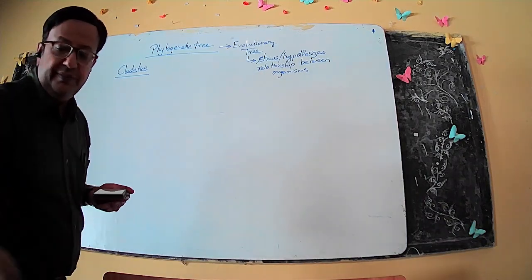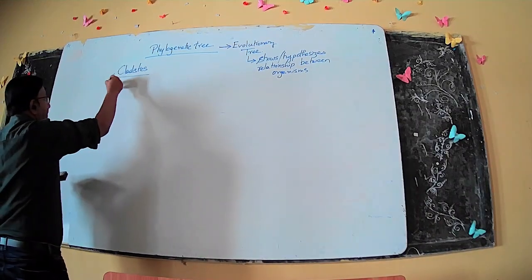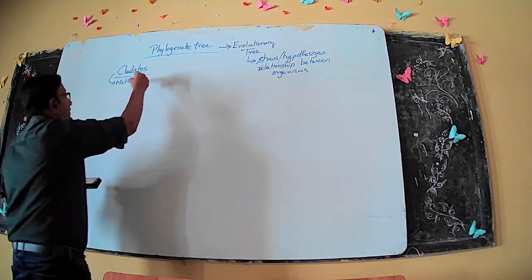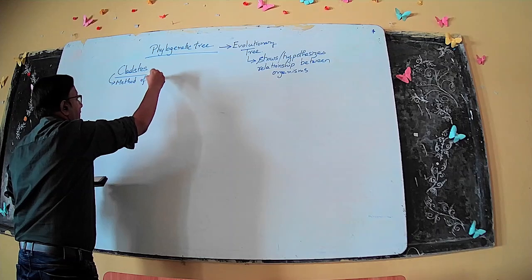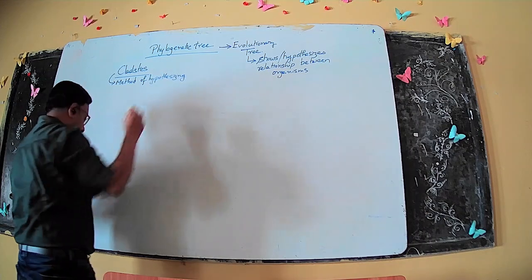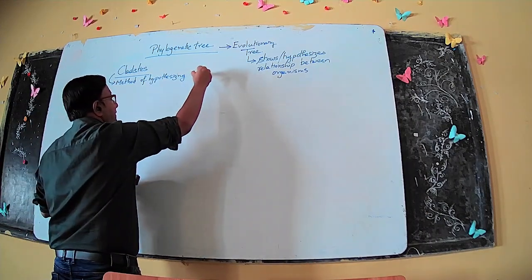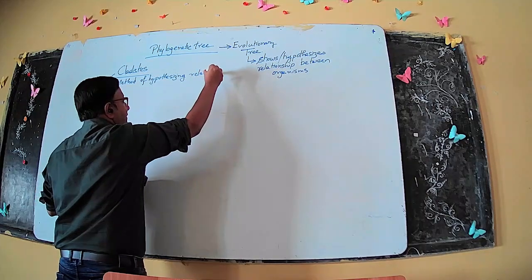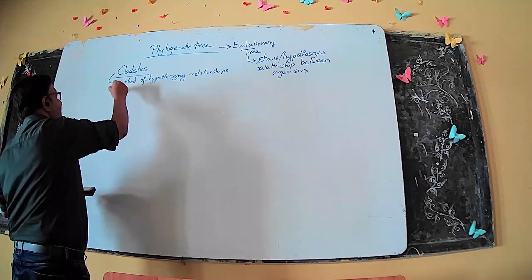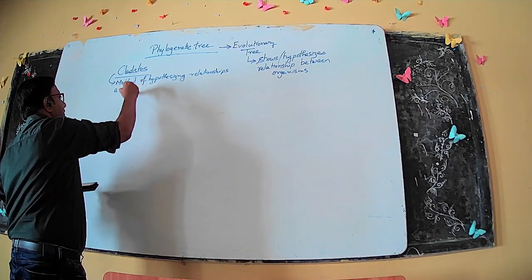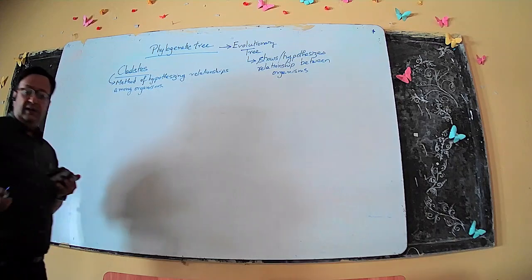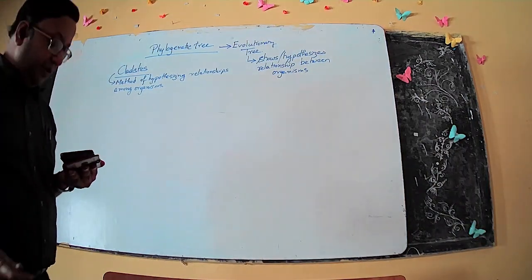So cladistics is a method of hypothesizing relationships among organisms.